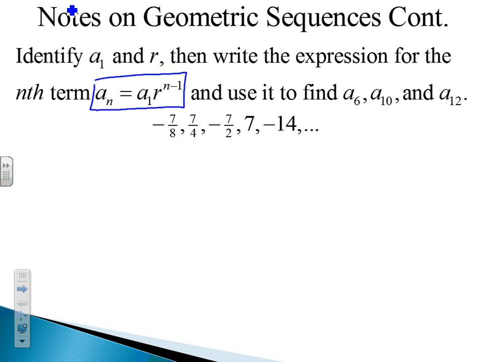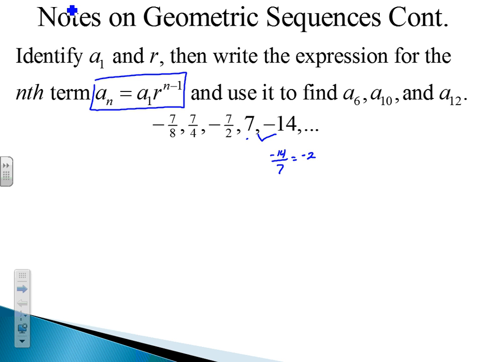For a geometric sequence, the way I tell if something is geometric is we look at the common ratio, meaning instead of taking the difference of the numbers from the one on the right to the one on its left, we compare the ratios. I'd say negative 14 over 7, and that simplifies to negative 2.